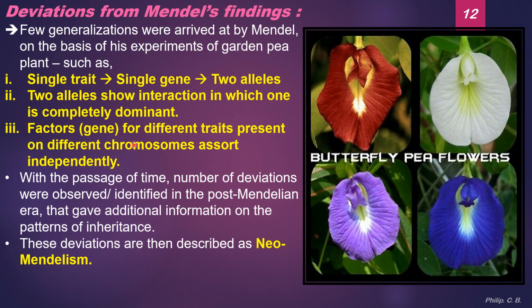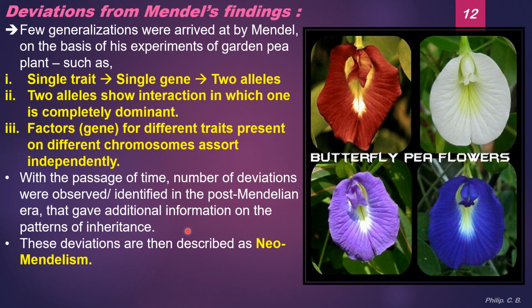Factors, that is genes for different traits present on different chromosomes, assort independently or segregate, as we learned in the law of independent assortment. With the passage of time, a number of deviations were observed and identified in the post-Mendelian era that gave additional information on the patterns of inheritance.